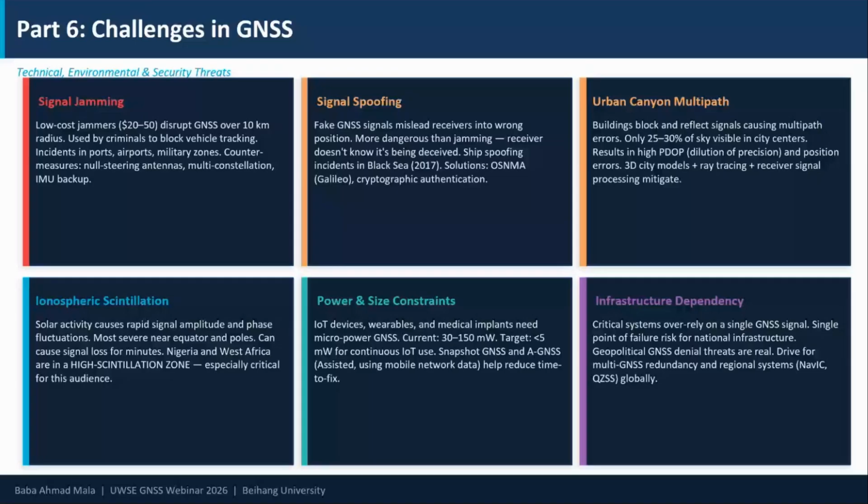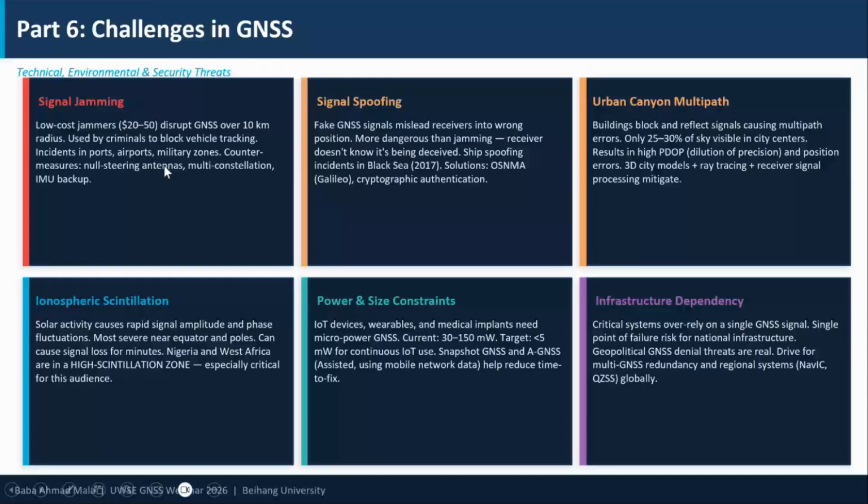Mostly criminals use them to block fleet tracking, but they can also accidentally jam ports or airports. The solution is resilience using multi-constellation. How you can overcome this is using multi-constellation null steering antennas, and IMUs as a backup.